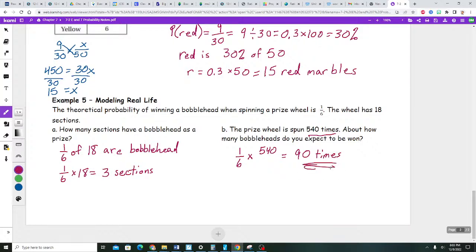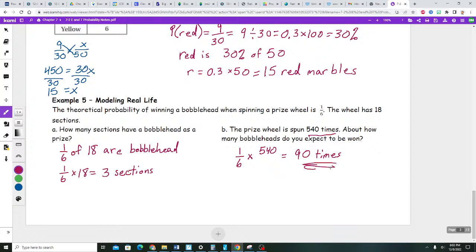So let me put this into practice for a moment. Let's say you're hosting a little carnival fair where you win a bobblehead if the wheel lands on one of these 18 sections. You expect 500 people to come.